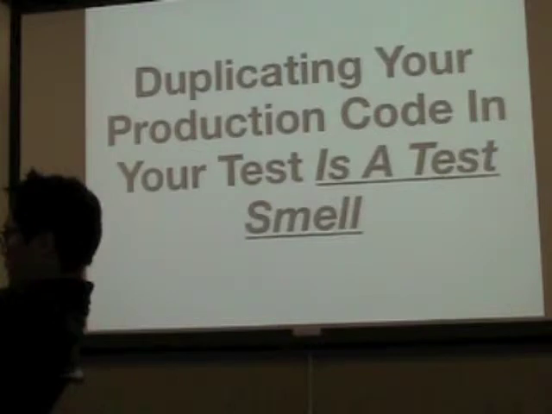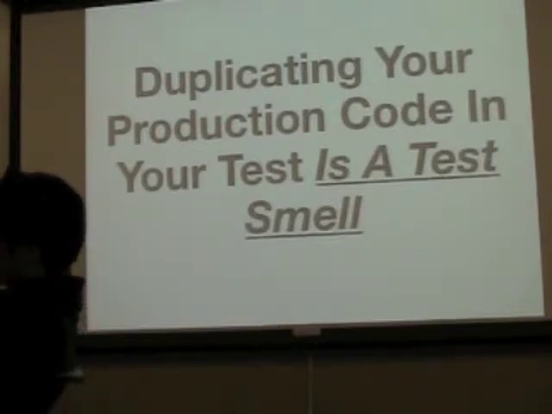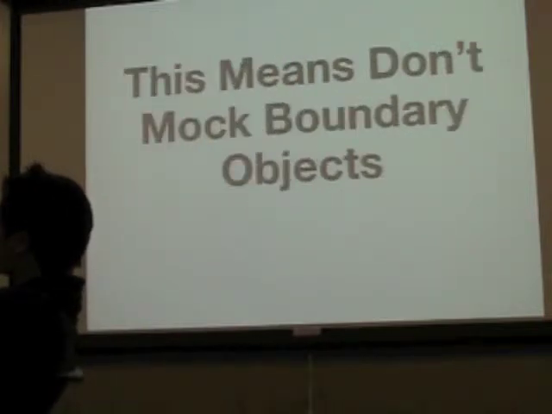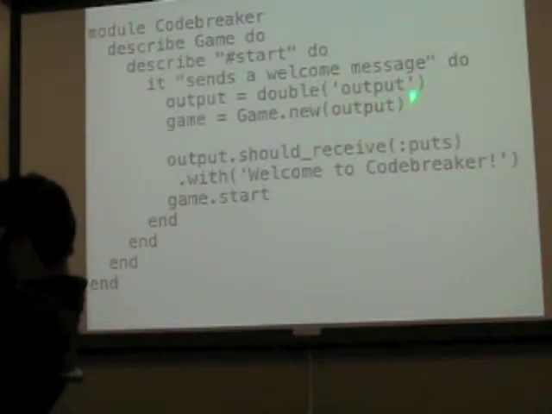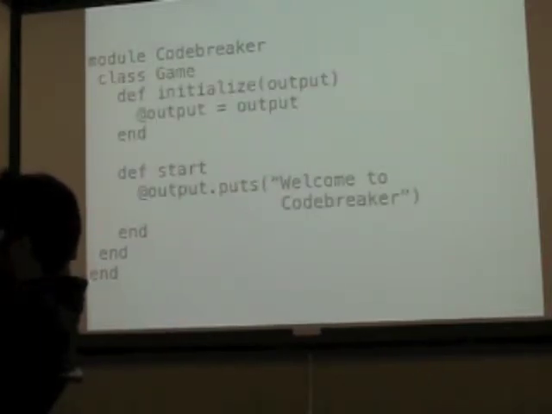And I think we should all agree, just duplicating your production code in your tests is always a test smell. Always. But this does mean you don't mock boundary objects. So like, for example, here, output should receive puts, and this is just going to be standard Ruby I/O and then output.puts.